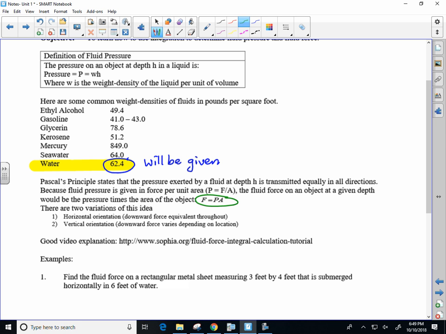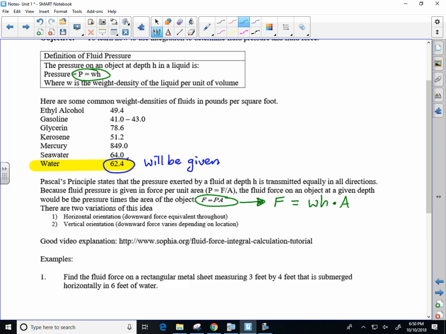So we're taking the P, which we know is WH from up here, and multiplying it by A, expanding out to get a new formula.